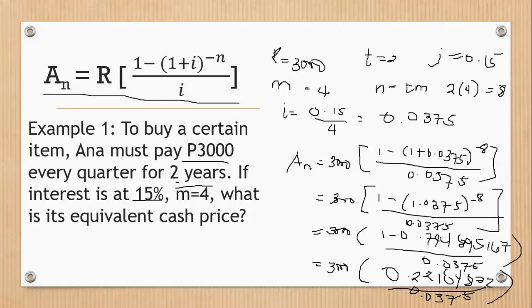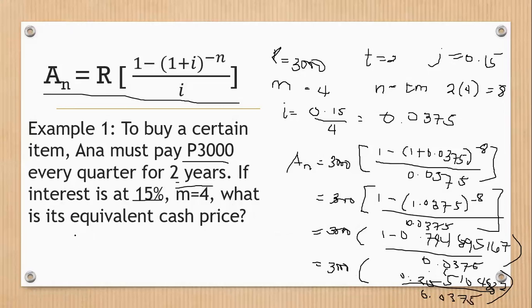Again, erase muna natin. So we can have 0.255104832 divided by 0.0375. Divide natin yan.